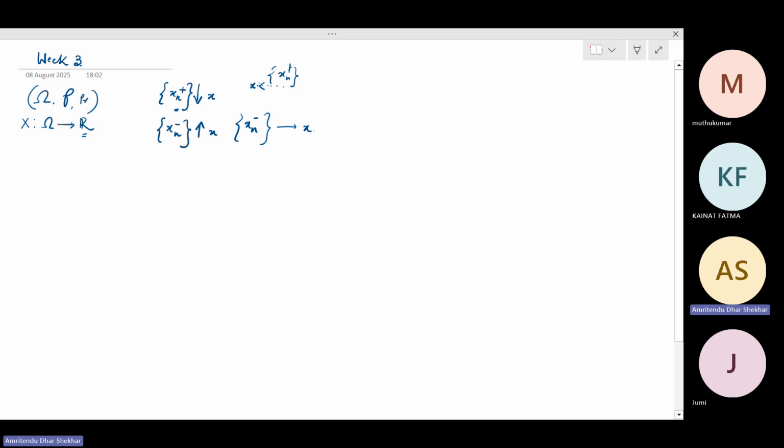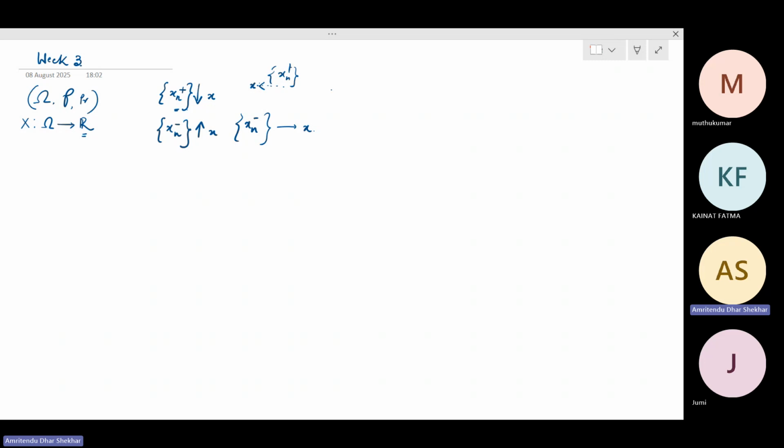So then we say that a function f is continuous if it is both right continuous and left continuous.